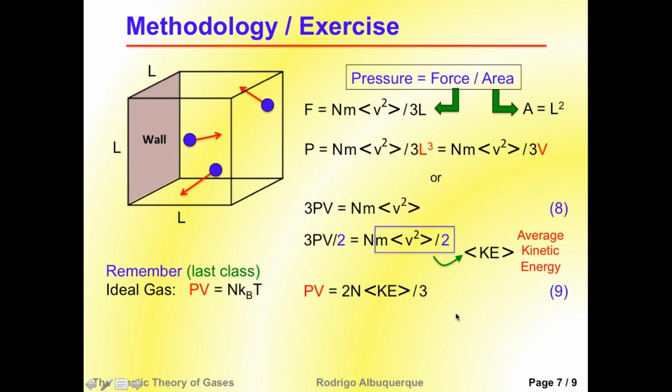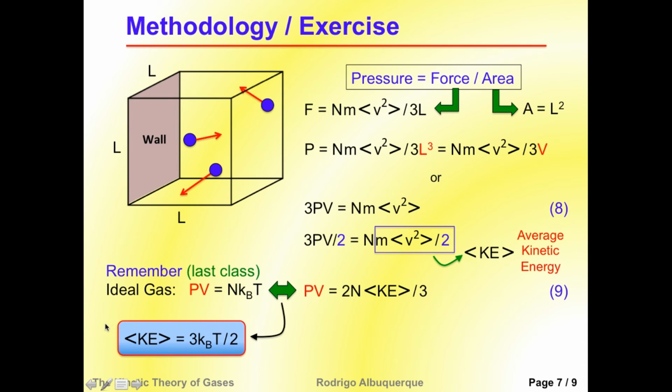If we recall from the last class that the ideal gas is given by this equation, we see that PV equals PV. So the right sides of both equations are also equal. And by equating NkBT to the right side of this equation, we get the final expression, which is the most important expression of the lecture of today, which shows how the average kinetic energy is related to the temperature.